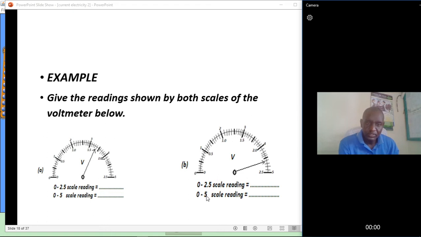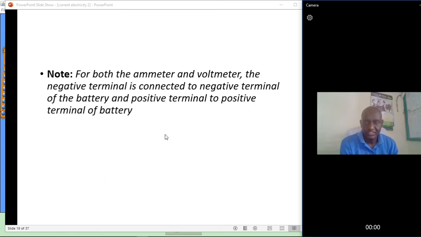And for 0 to 5, 4.1 plus 0.5 will be 4.6. I hope we got this one correct too, because 1, 2, 3, 4, 0.05 times 4 gives you 0.2, and 0.2 added to 1.5 gives you 1.7. That's how we measure using these devices.